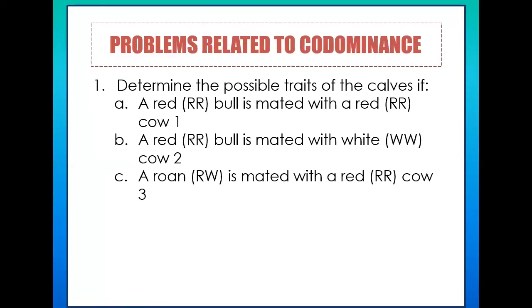And letter C, a roan, not pink, because you've noticed from the genotype, capital R and W, this is not pink. This is the codominance mode of inheritance, so both of the colors are present. So we call it roan. It is mated with a red cow.